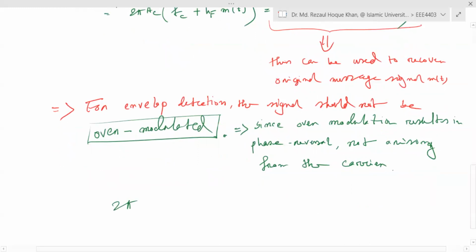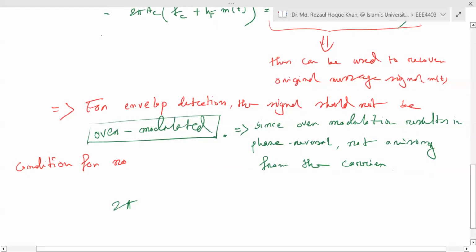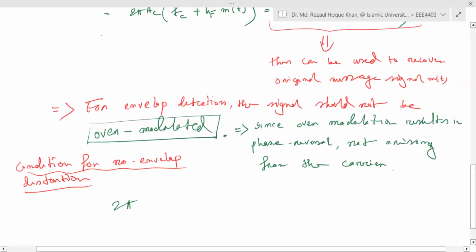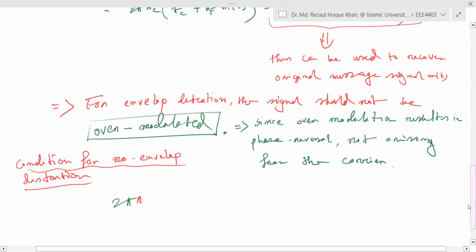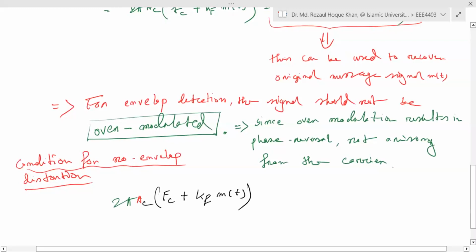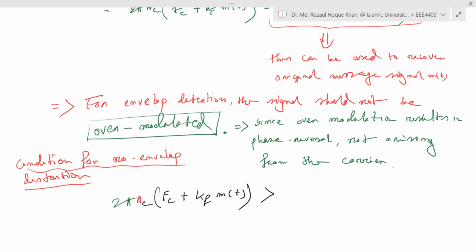So for the condition of no envelope distortion, this amount has to be twice pi (Ac) (fc plus kf m(t)), and that has to be greater than 0.